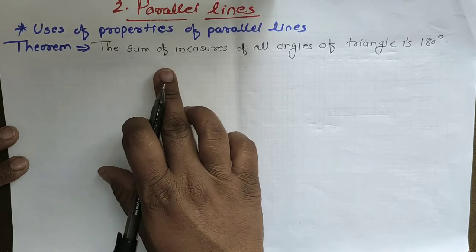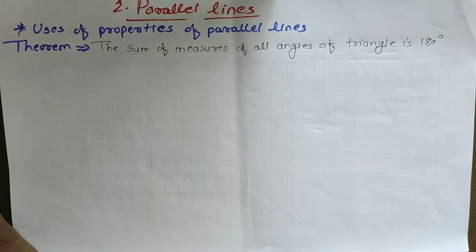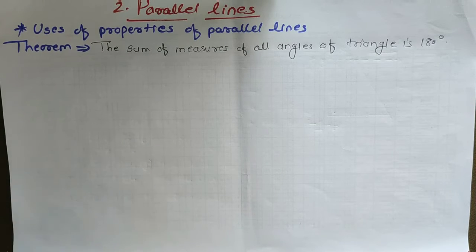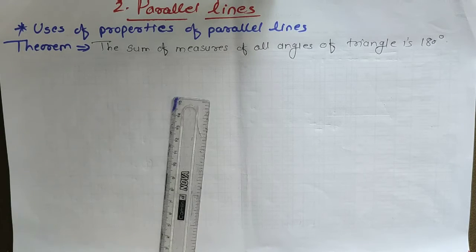Okay, this we had already seen by using the paper-making activities in standard 7, that the sum of measures of all angles of a triangle is 180. But now we will prove it theoretically.